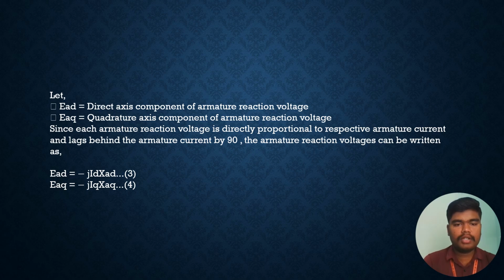Since each armature reaction voltage is directly proportional to the respective armature current and lags behind the armature current by 90 degrees, the armature reaction voltages can be written as EAD is equal to minus jID XAD, equation 3, and EAQ is equal to minus jIQ XAQ, equation 4.